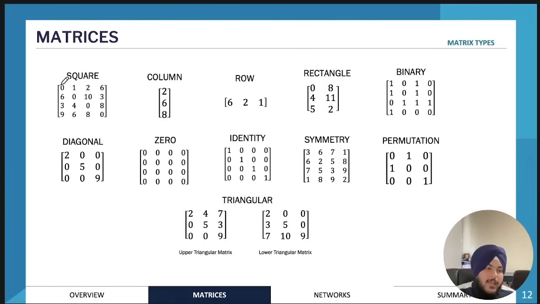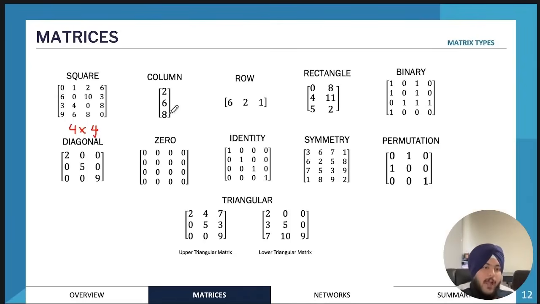A square matrix is a matrix that has the same number of rows as columns. So this one, for example, is 4 by 4 if we were to write its order. So 3 by 3, 2 by 2, 5 by 5 are all square matrices.